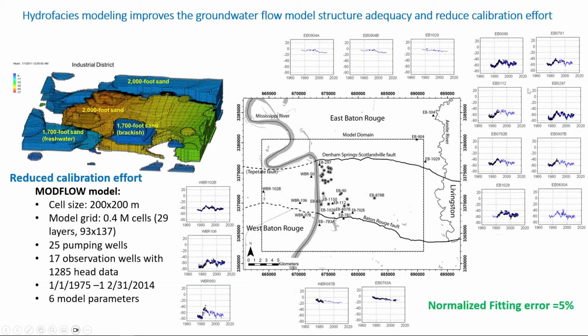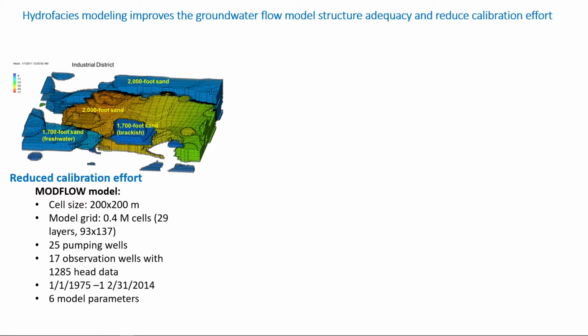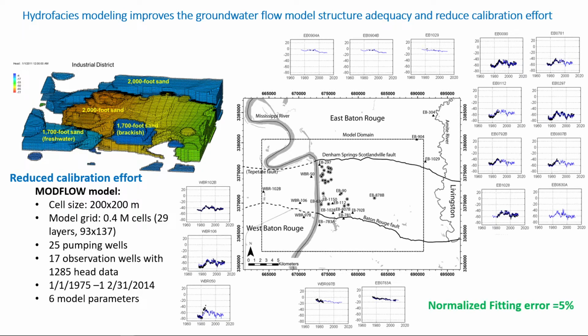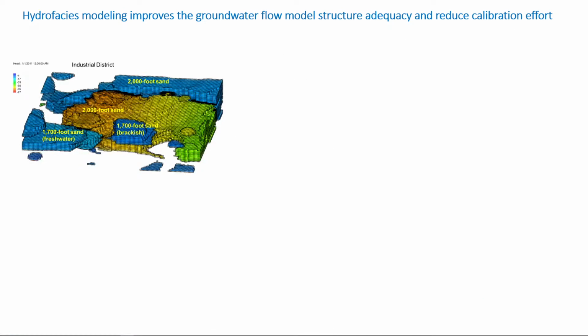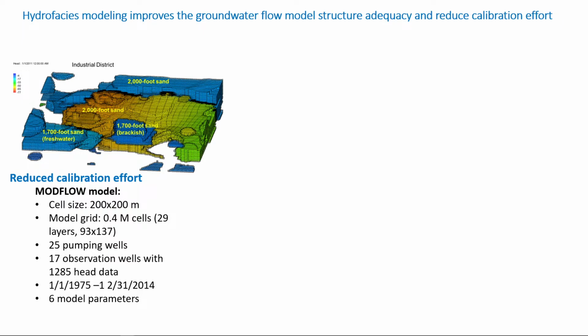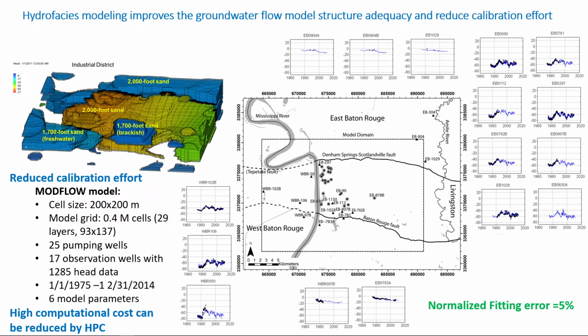Here is more information about this model. You see each of these cells is 200 meters by 200 meters. Remember, in the previous example we had a model that had only 5 cells, and each cell was 3 meters.